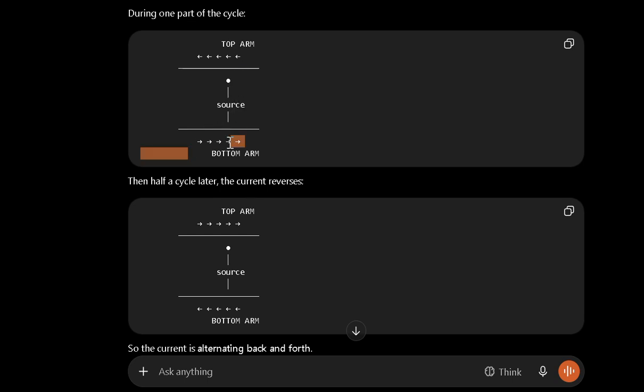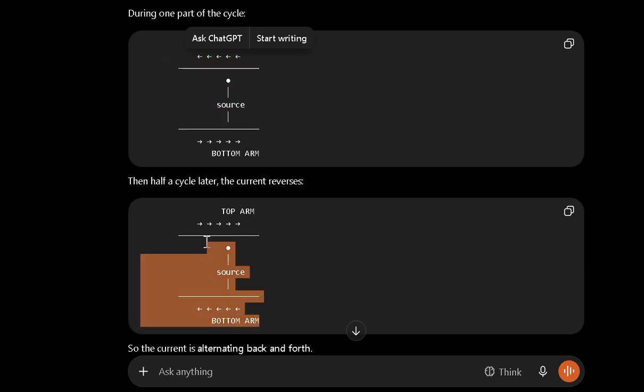Current is entering; this is a closed path. But our source is not a DC source, it's an AC source. So when this is changing current, in the first cycle this happens, in the second AC cycle this happens.